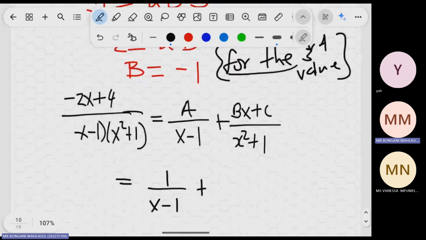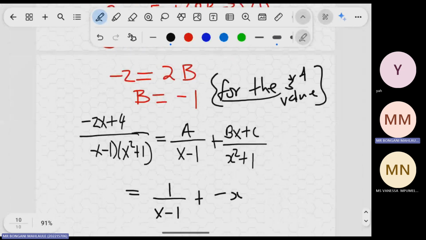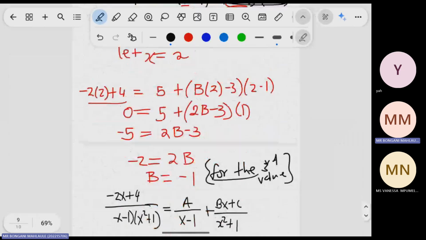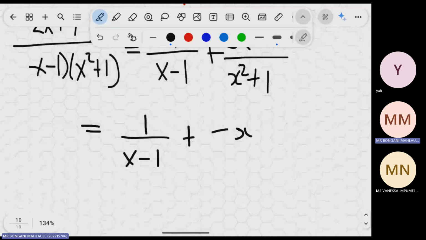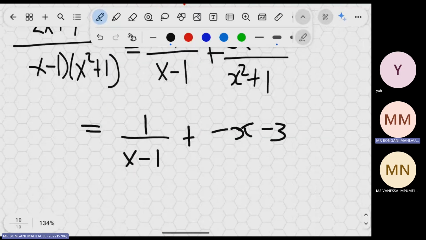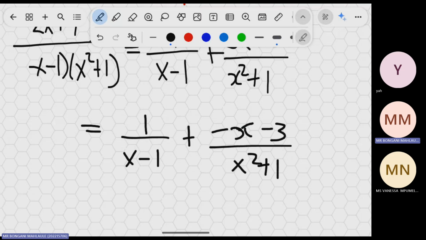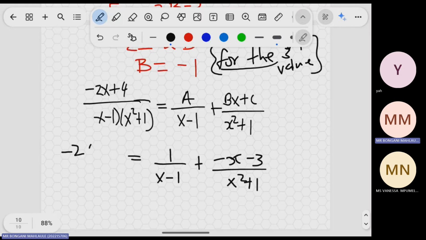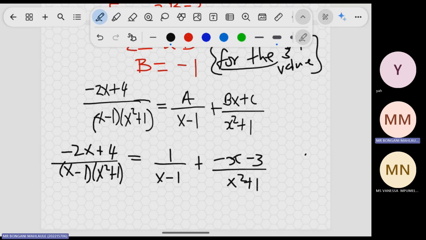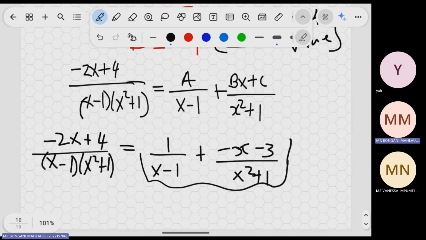Then the value of B is negative 1, so we'll have negative x. Then C was negative 3, so you'll have minus 3 over x squared plus 1. So now we can actually integrate that.